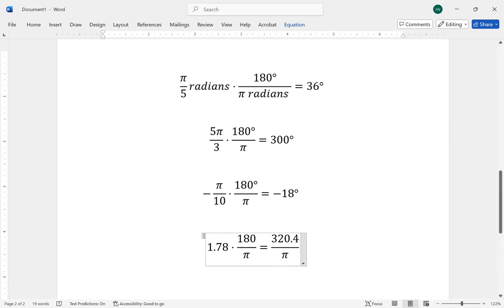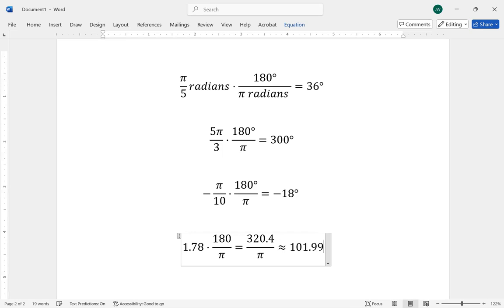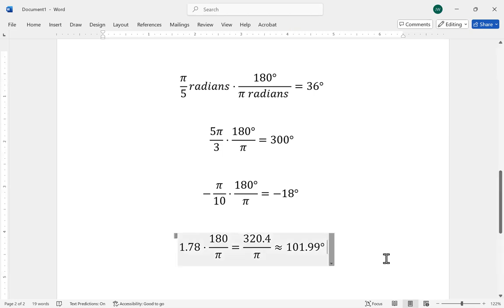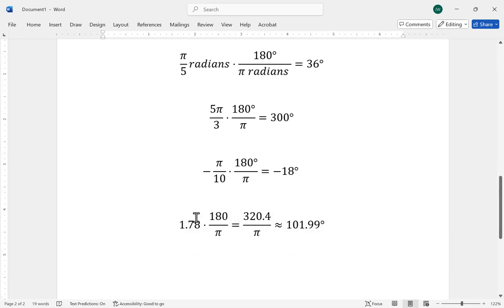We'd probably want a nice approximation for that, which would be 101.99 degrees, approximately. And that's probably what you'd have to plug in this case.